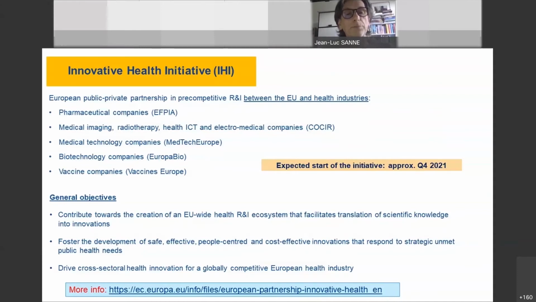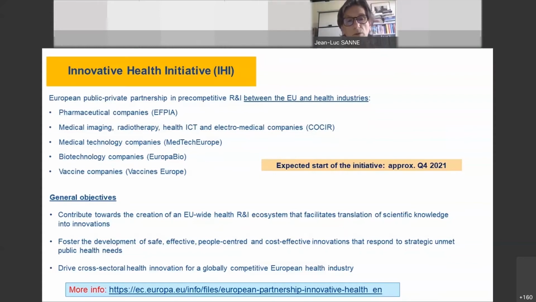So it's a much broader scope, but the objectives are also a bit similar, in the sense that we want to have Europe competitive in the domain of health industry.